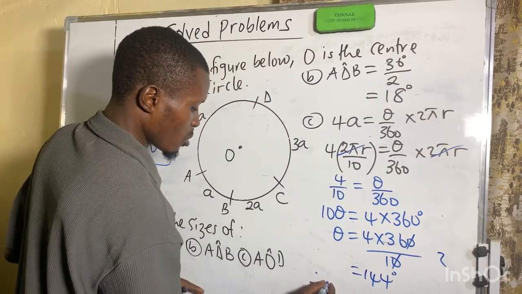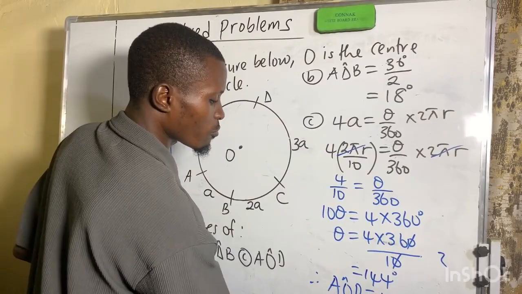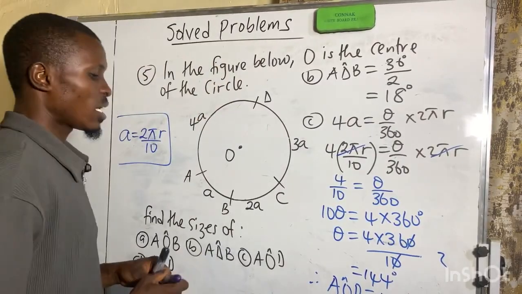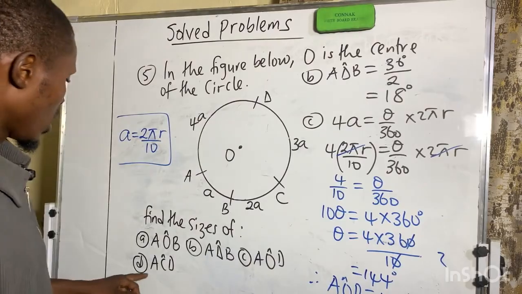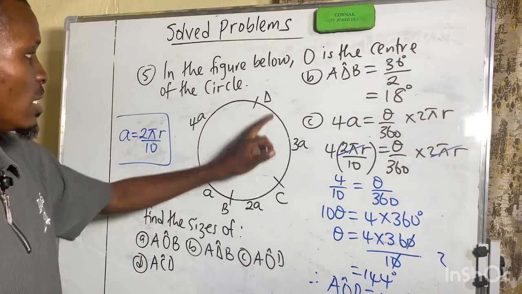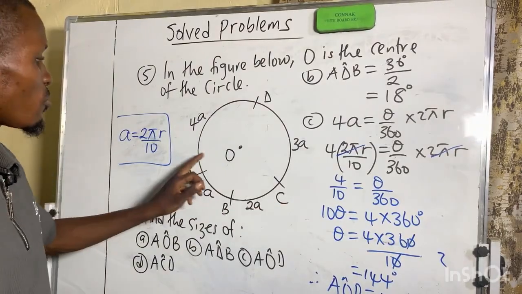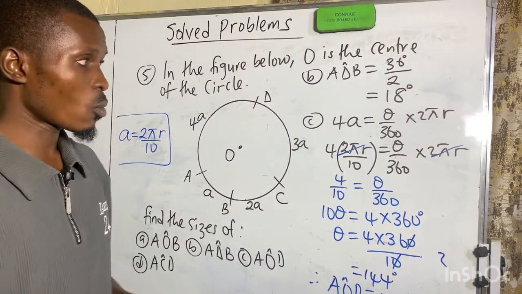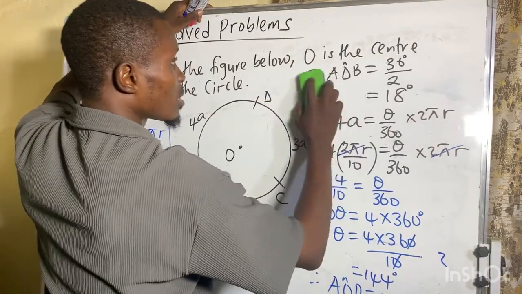So therefore, our AOD is what? 144 degrees. Now AOD is an angle at center. So ACD is an angle subtended by the arc AD at the circumference.